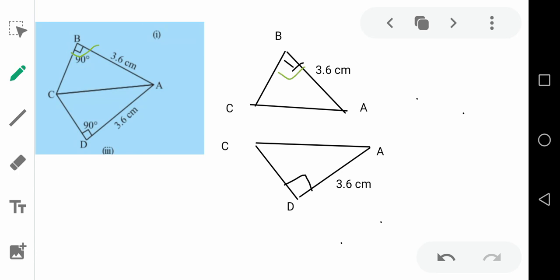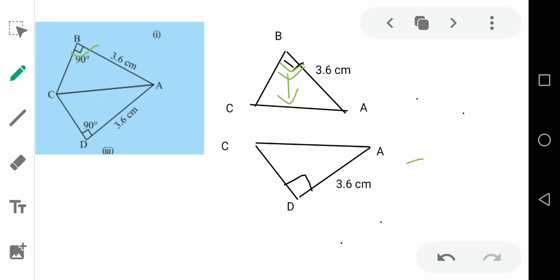Now what is the next triangle here? This is the second triangle, which I have drawn here. 3.6 is marked. Now we are going to check whether these two triangles are congruent using the RHS criteria. So coming to this triangle, this is 90 degrees, so which is the side opposite to the 90 degree side.